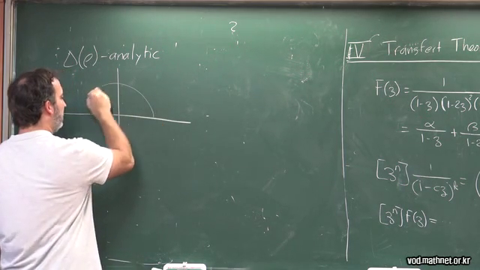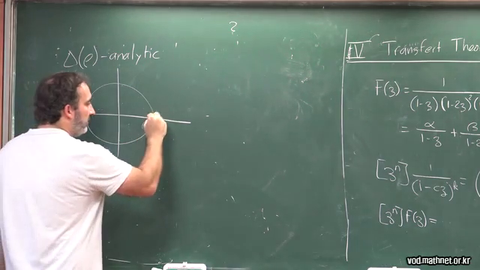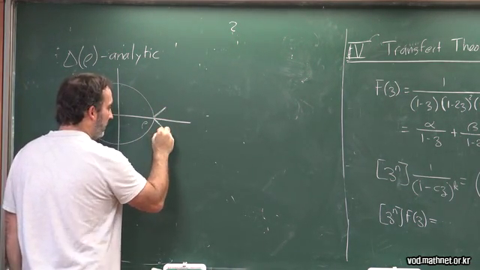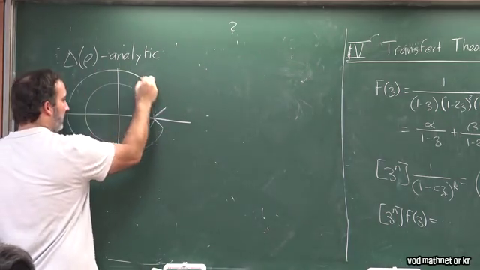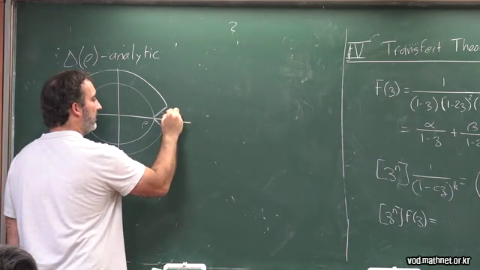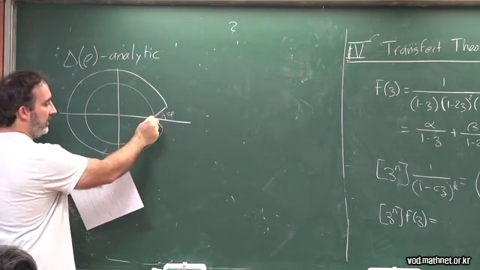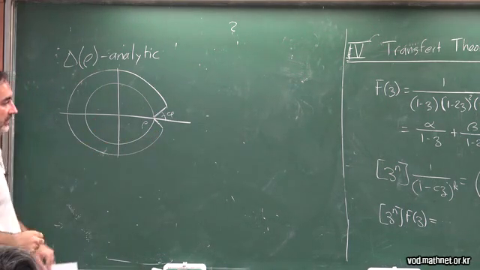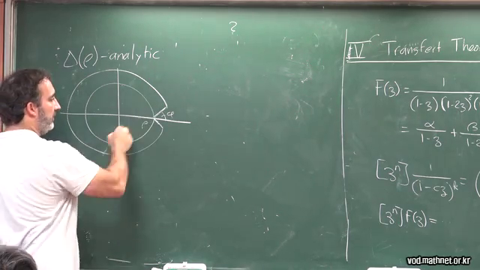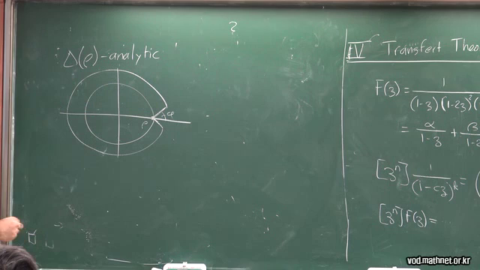So you have the circle rho here. And you want it to be analytic in something a bit larger than the circle. So you have some angle here, phi. And you have to be able to expand inside this line. Okay. So here you have to be analytic. And so you have a problem here, a singularity here.